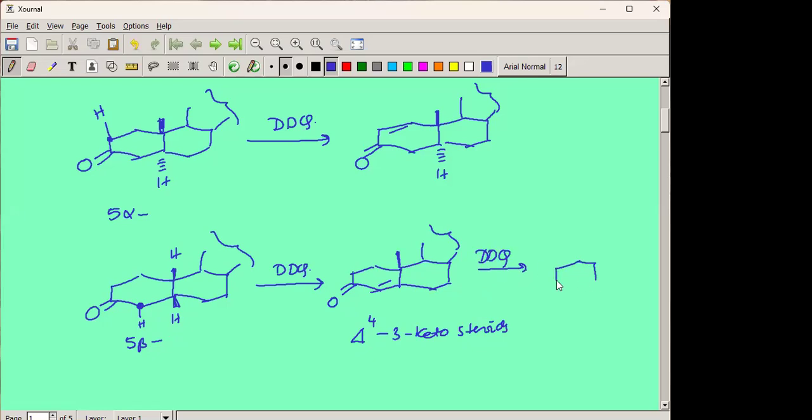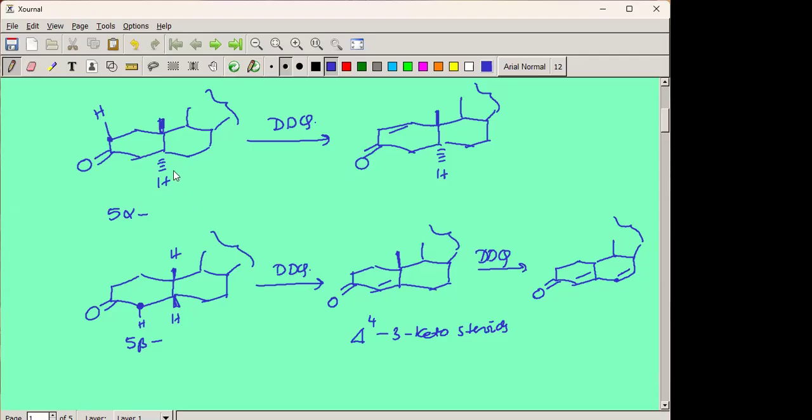So the same will take place. The next allylic hydrogen is active. This one is active. So that's why here the double bond is formed. The rest is the same. So that is the difference between 5 alpha and 5 beta.